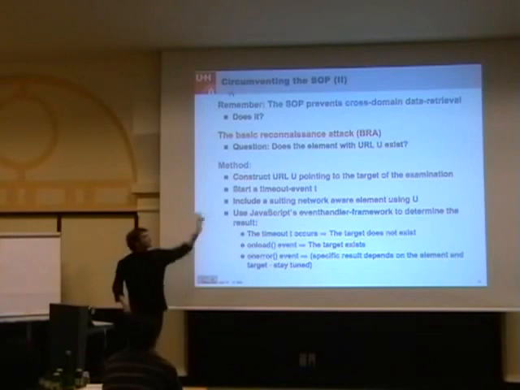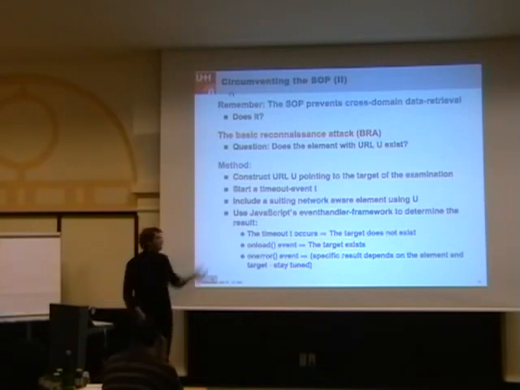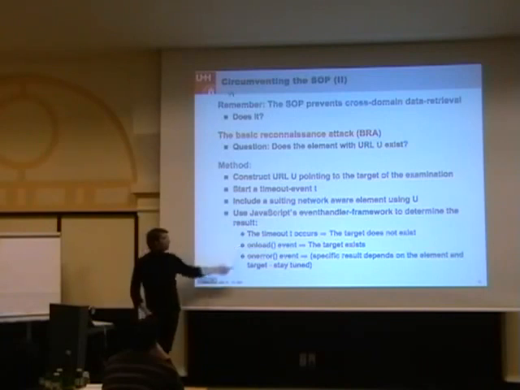How is this done? The JavaScript includes, for example, an image tag or something else that could be outfitted with event handlers, and uses three different event handlers to find out if the inclusion attempt has succeeded. So it uses the onload, the onerror, and the timeout event.